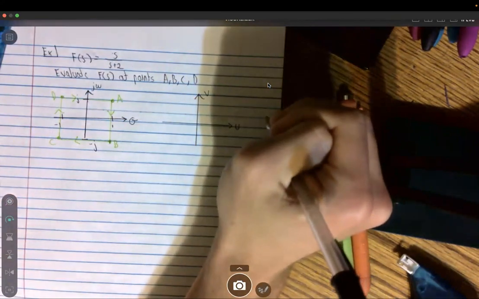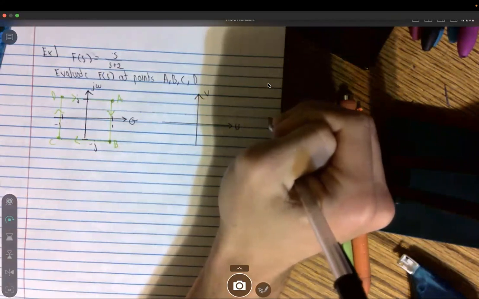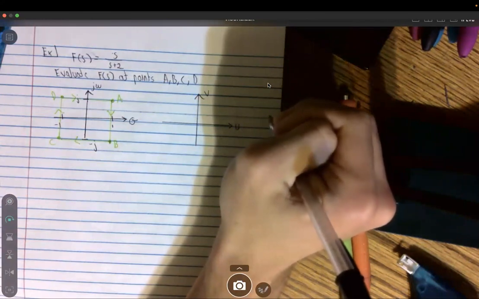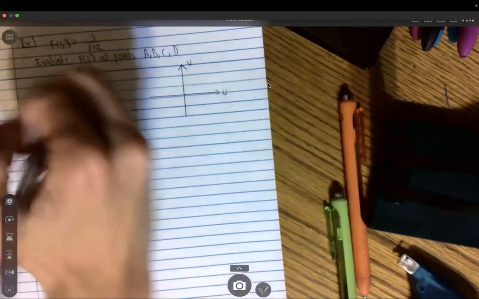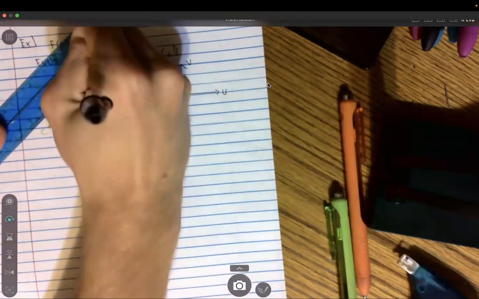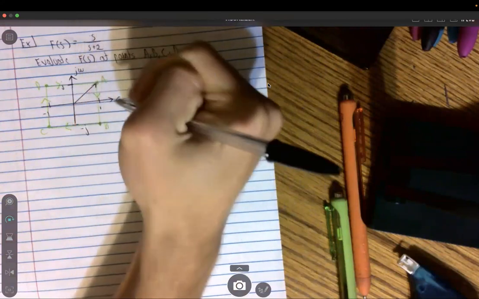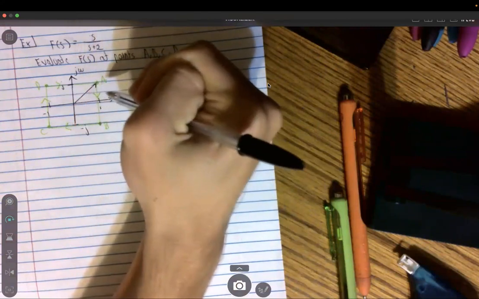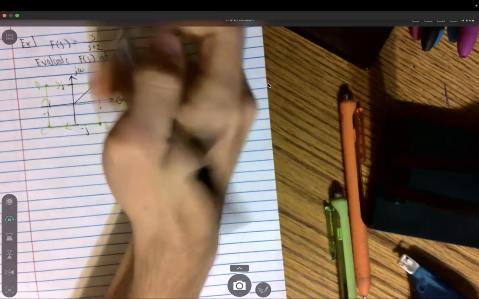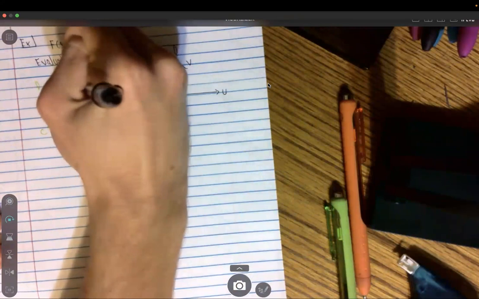And so in order to translate points A, B, C, and D, let's look at it. So A, if we look at the magnitude, specifically, if we make a vector, if we take the magnitude of the square root of 1 squared plus 1 squared, we're going to get rad 2 angle 45 here.